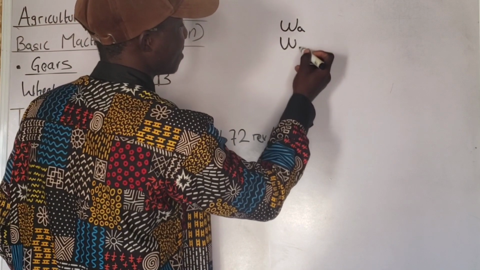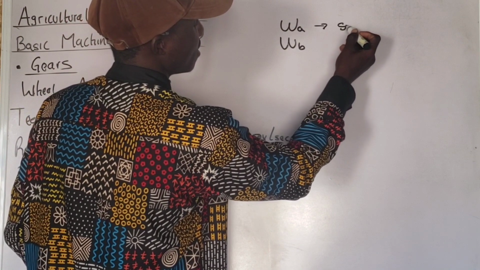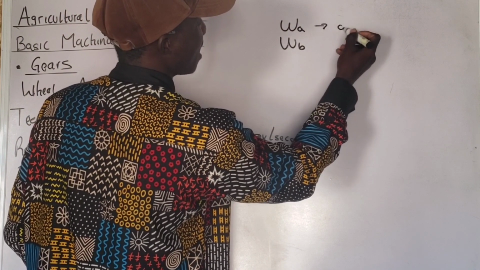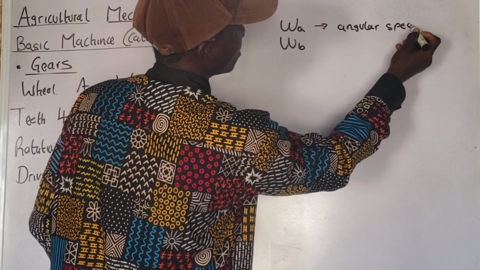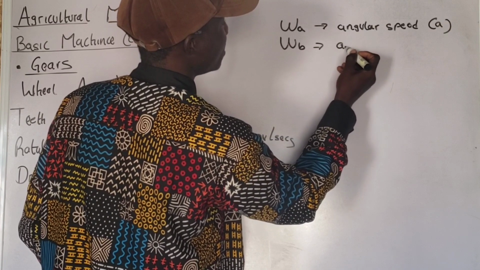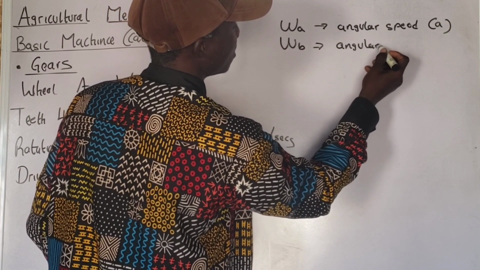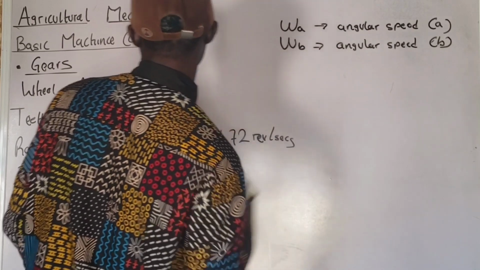Angular speed of wheel A. Then this one will be angular speed of wheel B. Okay.